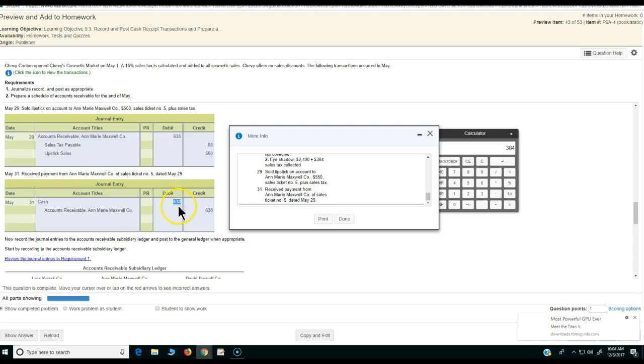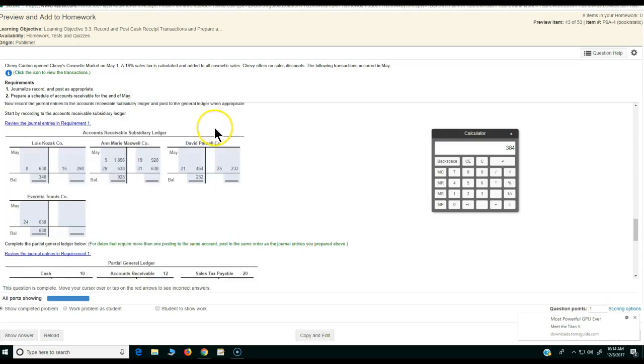We cannot keep that whole $638 because we owe $88. And so the last part of the problem is to show the accounts receivable ledger and show the activity that went on based on the transactions that we completed above.